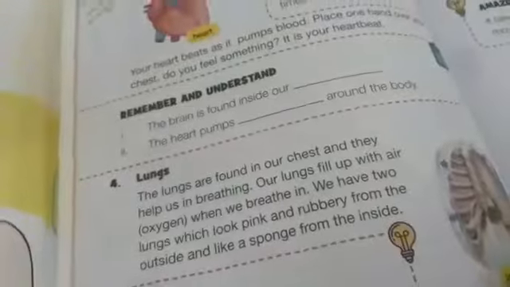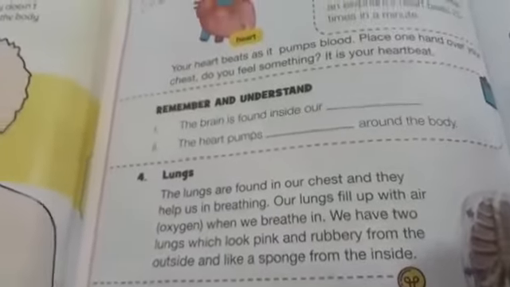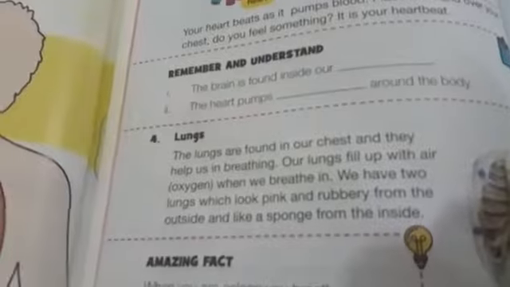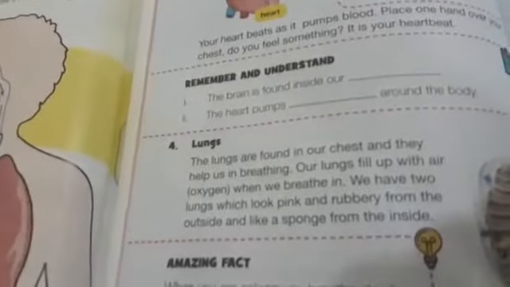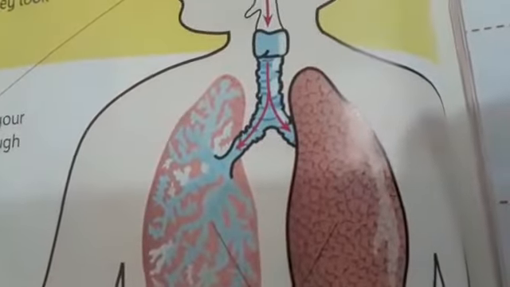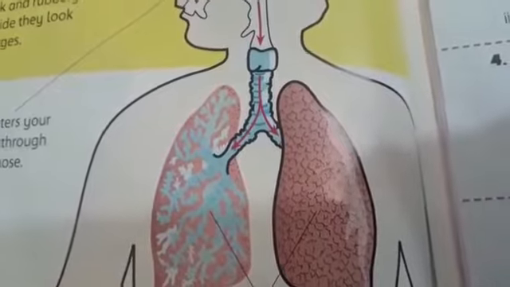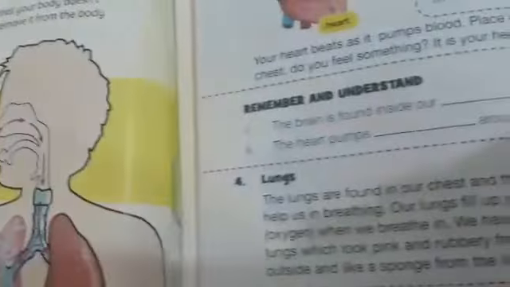The lungs are rubbery from outside, but if we talk about inside, the lungs are like a sponge from inside. See, there are little veins over here inside the lungs.